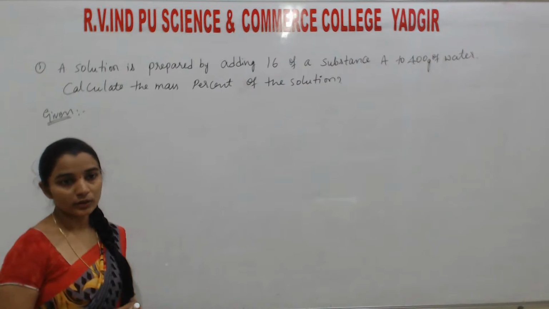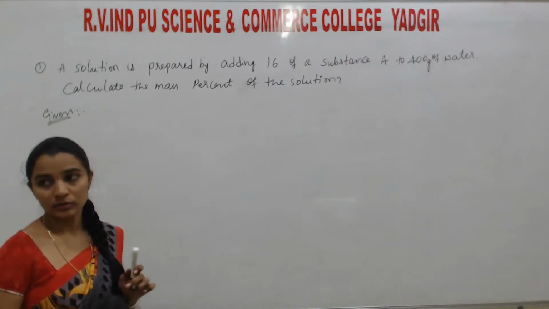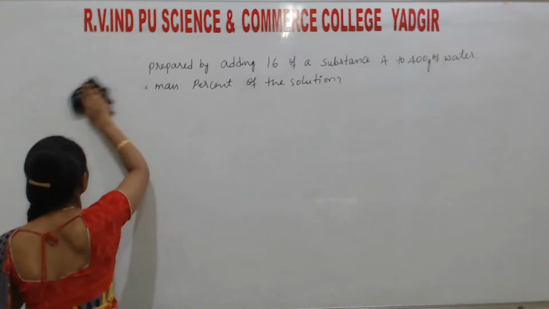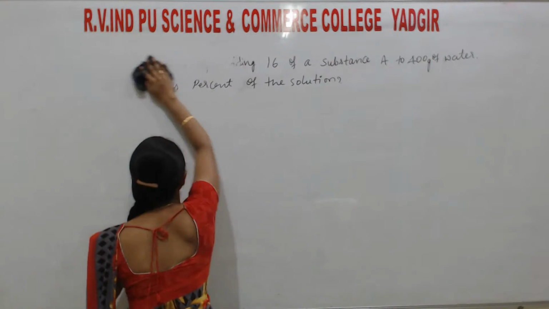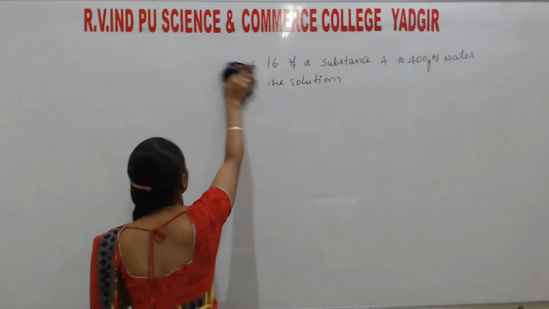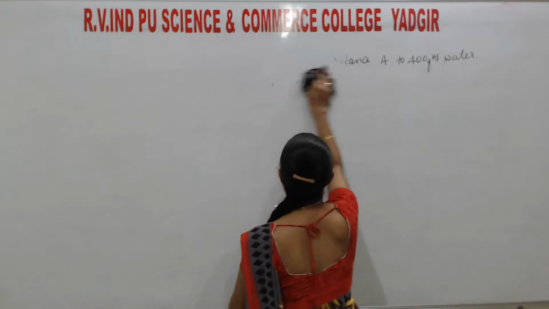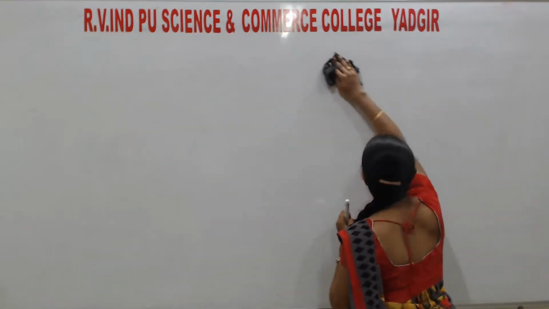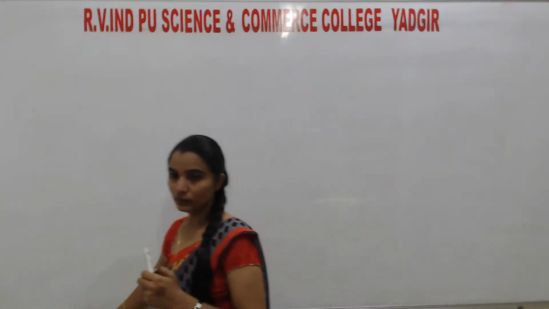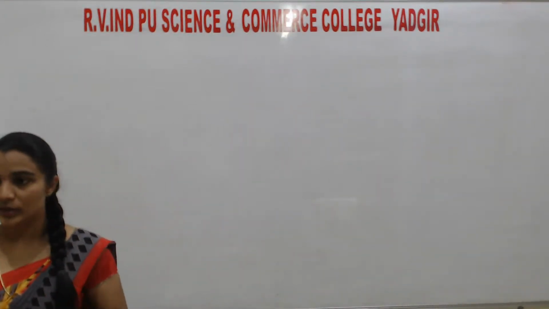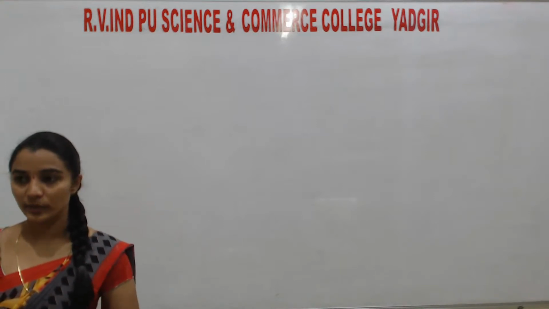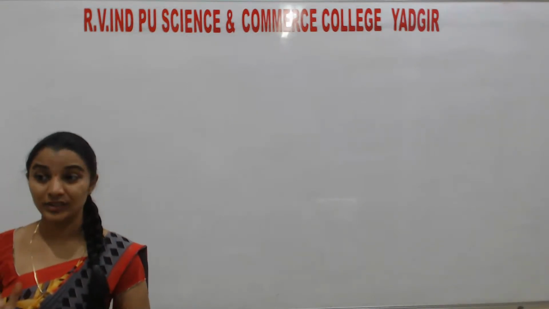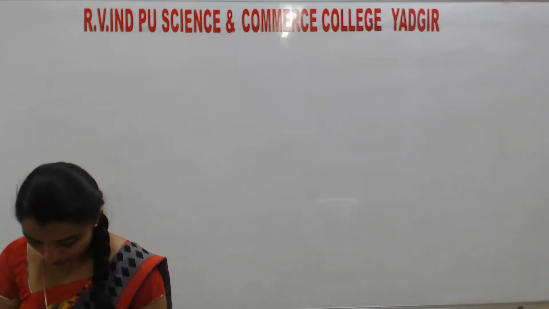You do it yourself. The answer must be equal to 4. That's what I said: 400 must be divided by 4, 16 also divided by 4, and you'll get the answer 4. That is the easy trick. Okay, next problem.